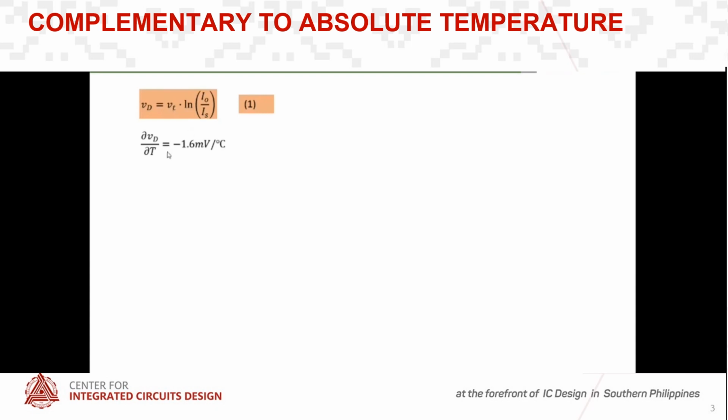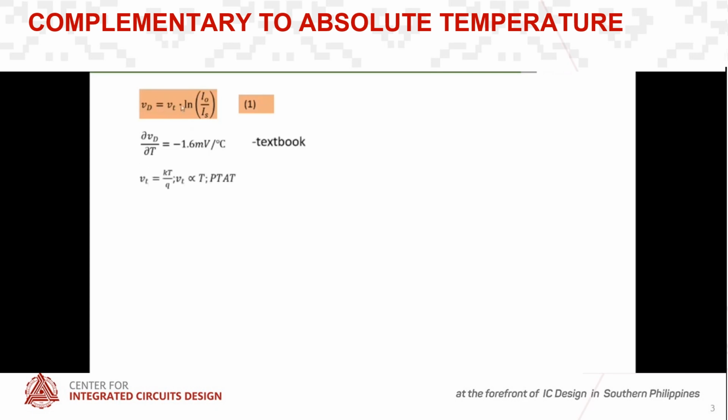With that, it can be said that the diode voltage is CTAT in nature because of this negative slope: the diode voltage is decreasing with respect to temperature. So how does it go like that? We will discuss that first.